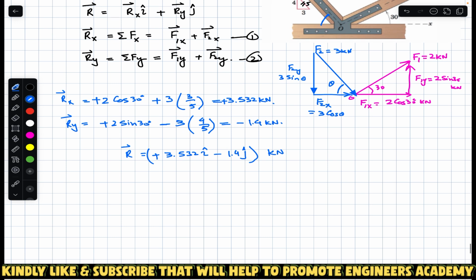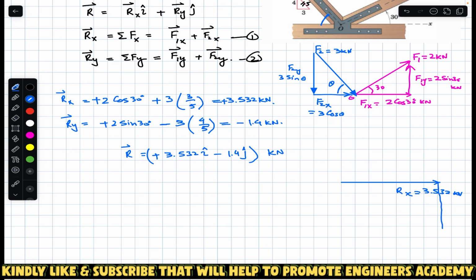Now we can show the resultant. The x component of the resultant is in the positive x direction, and the Ry component is in the negative y direction. This is the Rx component of the resultant, with a magnitude of 3.532 kilonewton, and the y component is in the downward direction.